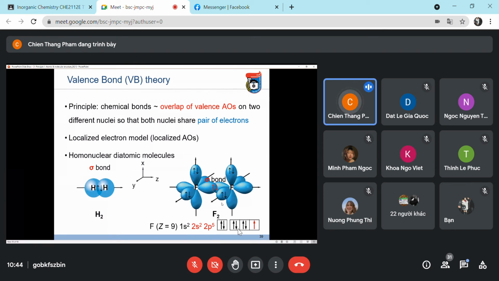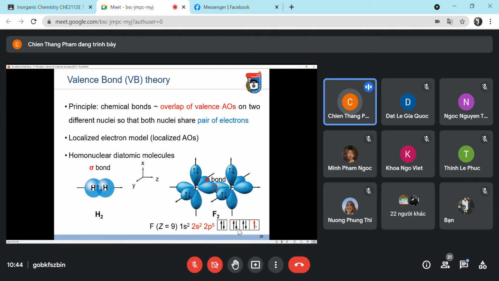In this picture I show only the p orbitals. There are 3 p orbitals, and each p orbital is along each axis of the coordinate system, along the x-axis, y-axis, and z-axis. So we can say 2px, 2py, and 2pz.